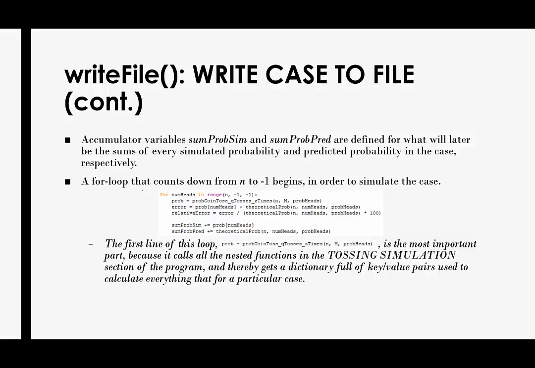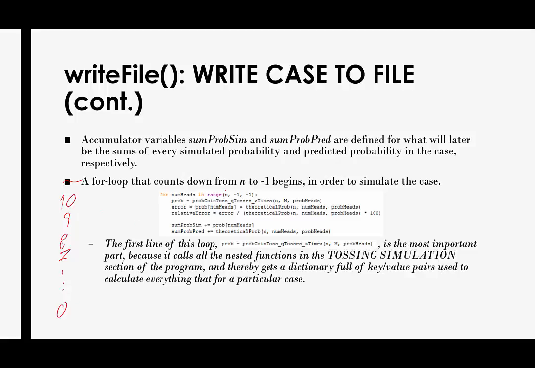So anyway, this for loop begins, and it counts down from n to -1. Oh geez, I wrote this bullet point a little wonky, so sorry about that. But anyway, this loop counts from n, the number of tosses, down to -1 in steps of -1, meaning if n, the number of tosses, is 10, it'll count 9, 8, 7 until it gets to 0.